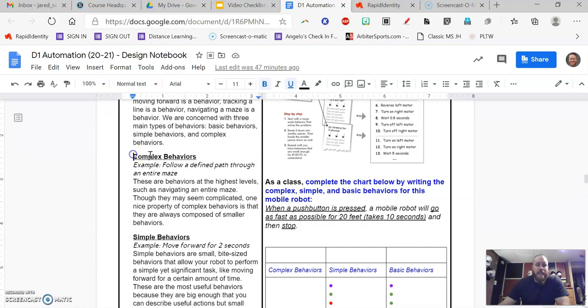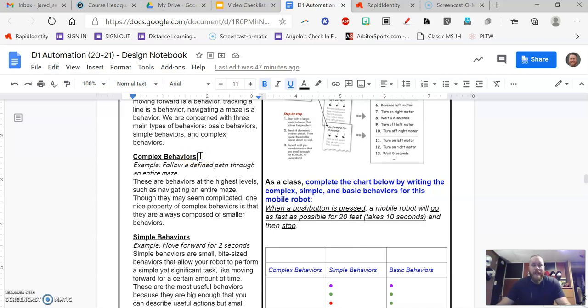All right, complex behaviors. An example of a complex behavior would be following a defined path through an entire maze. These are behaviors at the highest levels, such as navigating an entire maze. Though they may seem complicated, one nice property of complex behaviors is that they are always composed of smaller behaviors.